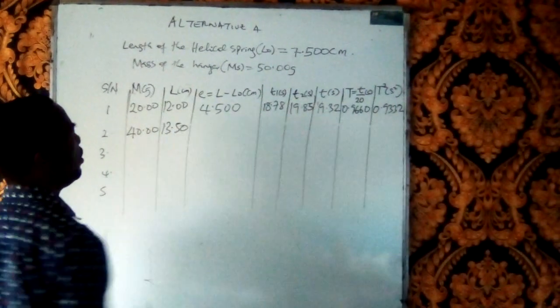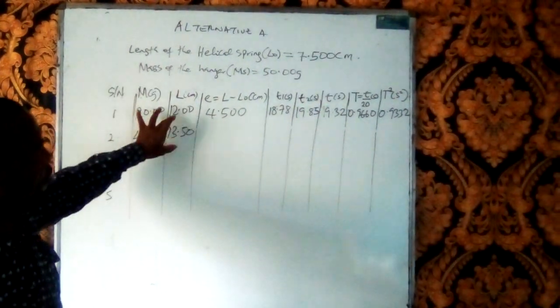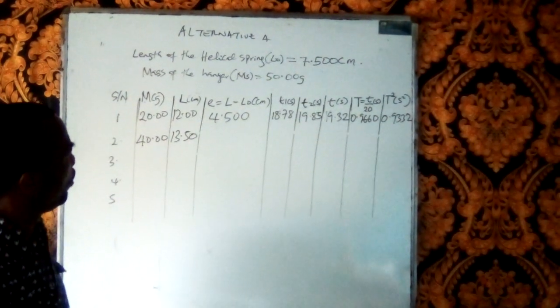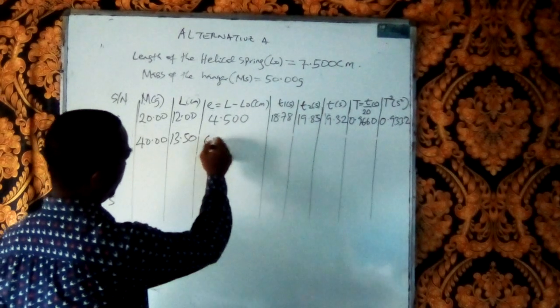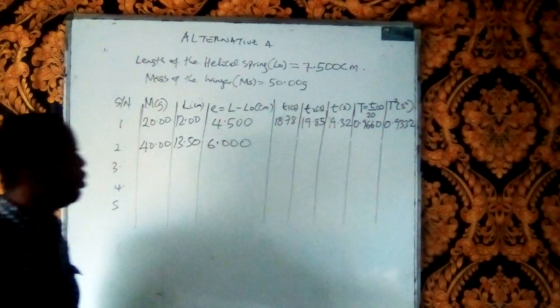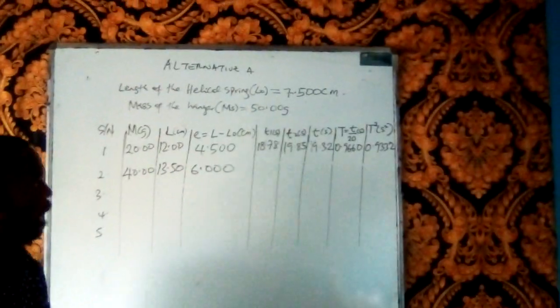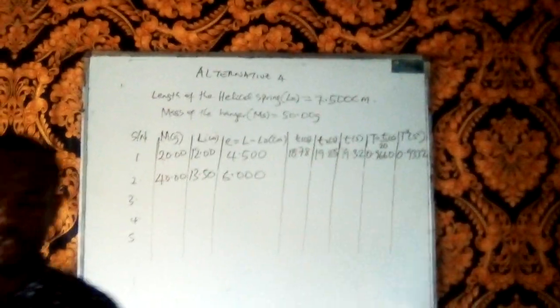So 13.50. The extension will be 13.5 minus the original length. That gives us 6.000 to 4 s.f.